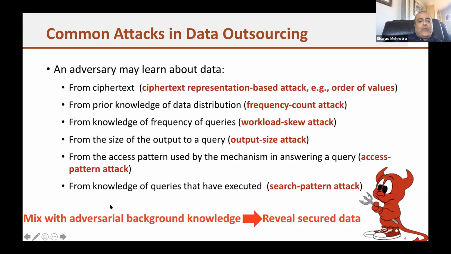The problem is if you don't explicitly model adversarial background knowledge, maybe it's not that clear in these techniques as to whether the representation that you have, or the particular choice of cryptography that you use, which let's say reveals certain aspects of the cryptographic representation, is good enough for you or not. And that remains one of the challenges, the way we see it: if you have to choose among different mechanisms, what should you be guarding against? And that depends a bit on the modeling of what the adversarial knowledge might be.